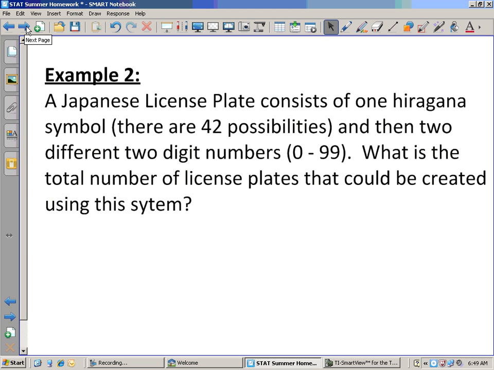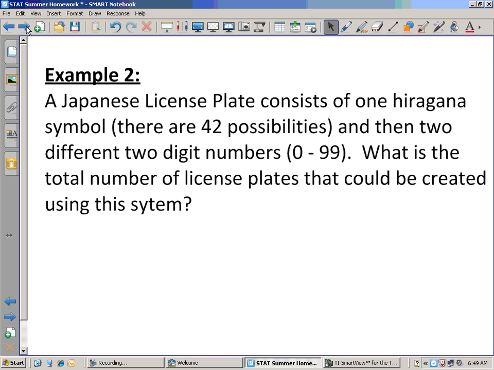Example 2: a Japanese license plate consists of 1 hiragana symbol. There are 42 possibilities, and then there is a 2-digit number, 0 to 99. What is the total number of license plates that could be created using this system? Now, if you're good at Japanese, you may realize that there are actually 48 possibilities, but only 42 of them are used on Japanese license plates, at least that's what Wikipedia said.